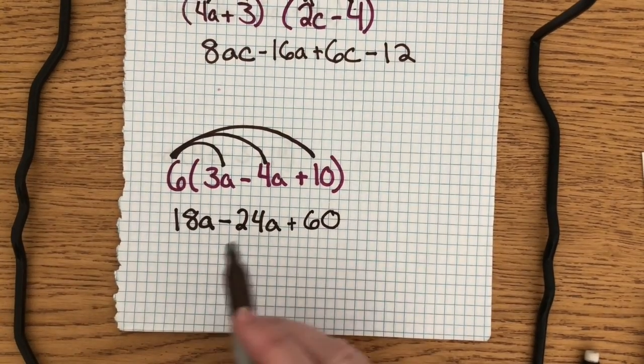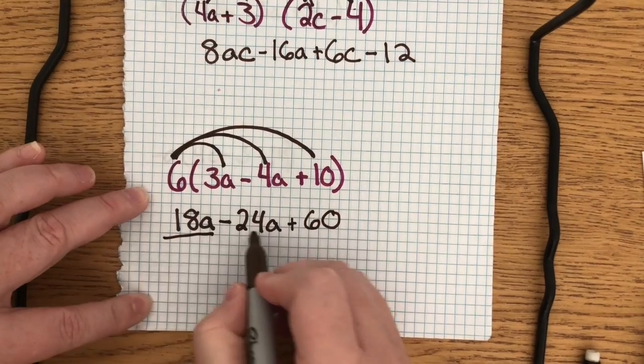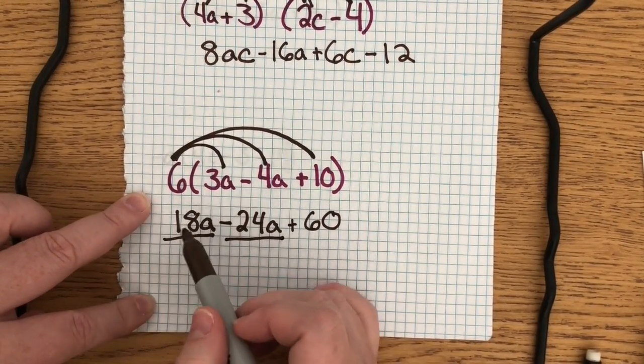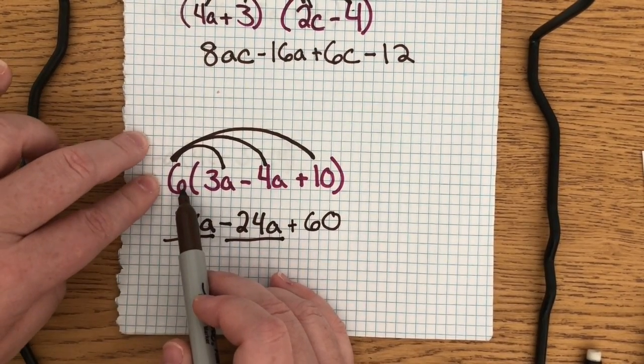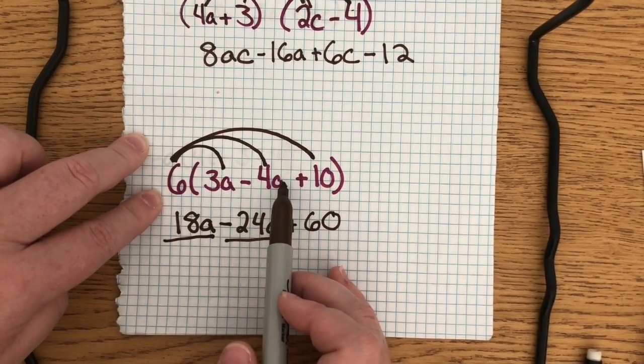Now, in this equation, you have 2 like terms. What I mean by like terms is all of it looks the same. Now, when you're distributing, you do not have to have like terms because it's multiplication.